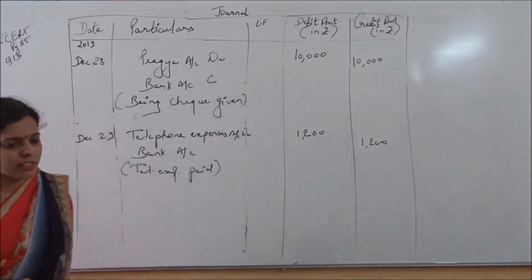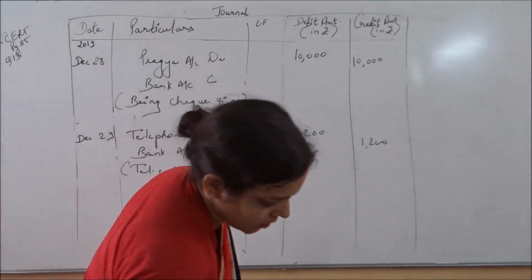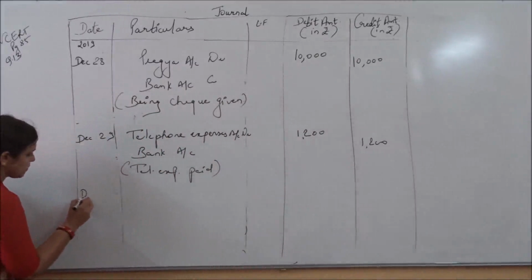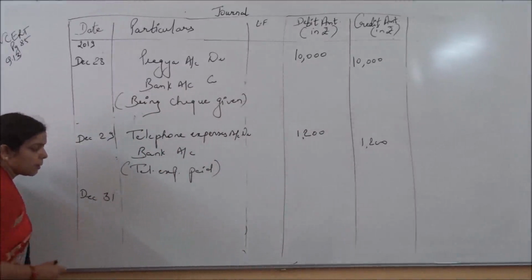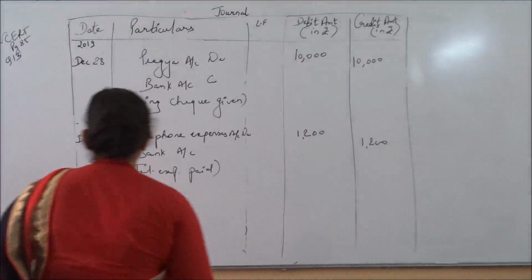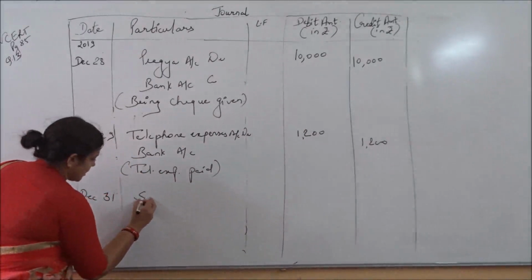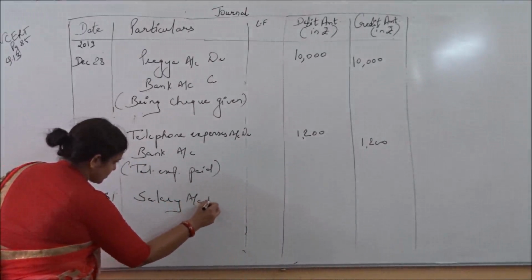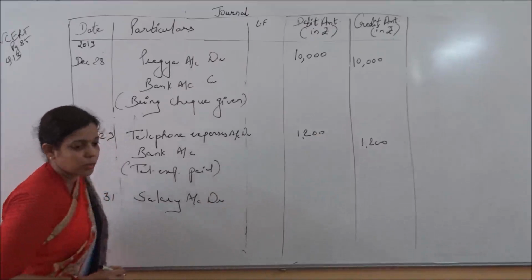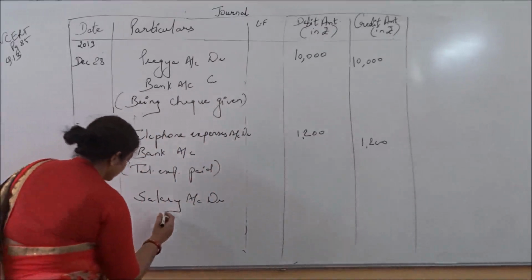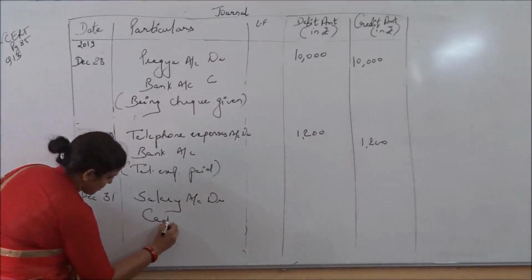Now the last transaction, December 31, paid salary rupees 4500. Again the salary is an expense and all expenses are debited. Salary account debit. It's not paid by check. It's normal salary paid. So instead of bank, what will come? Normally cash.